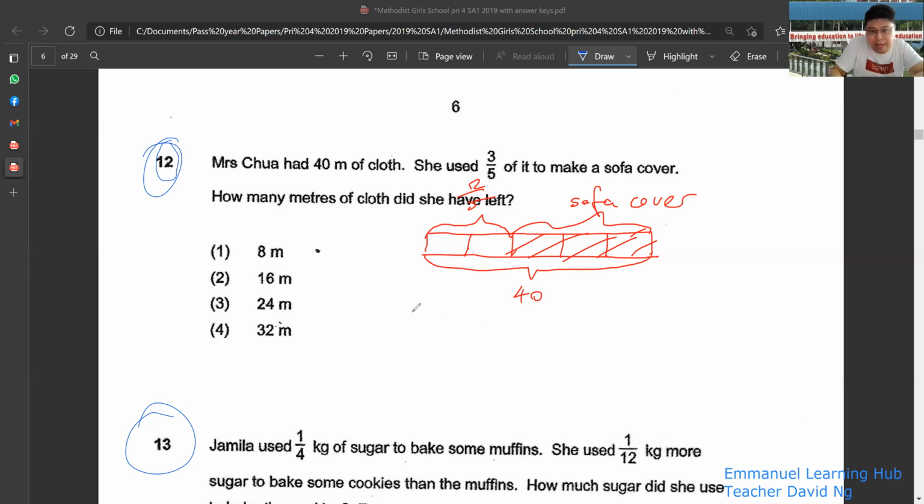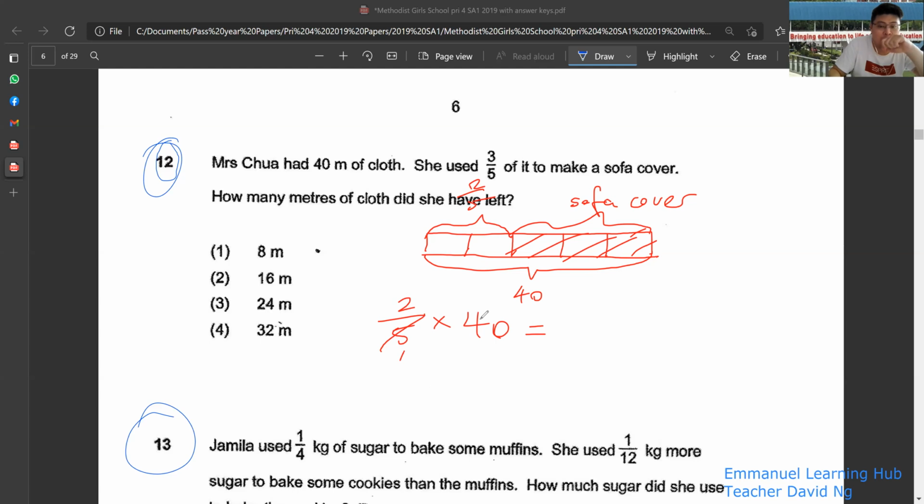So to find this length, you use 2/5 multiplied by 40. That's all. Then you cancel. Can 5 and 40 cancel? Yes.